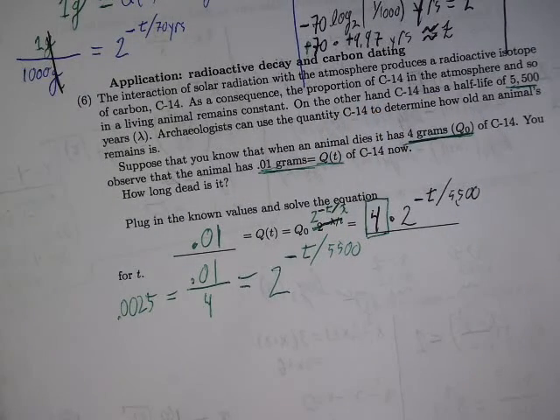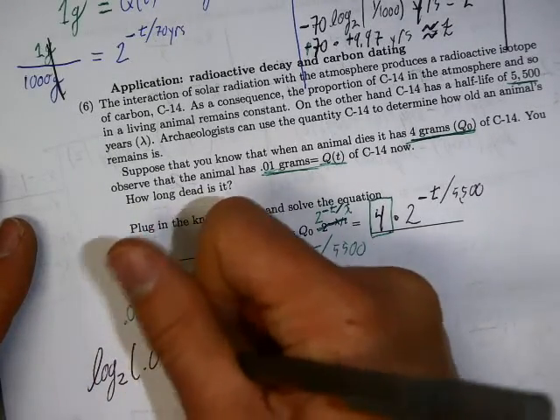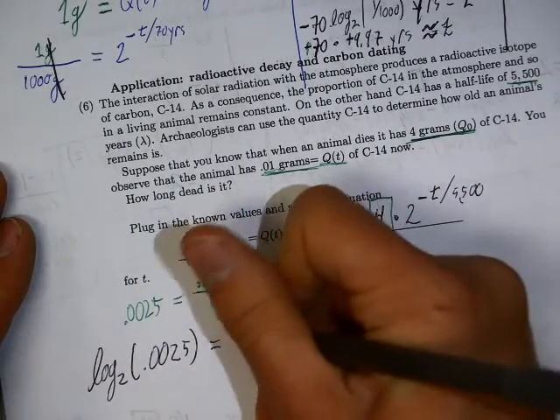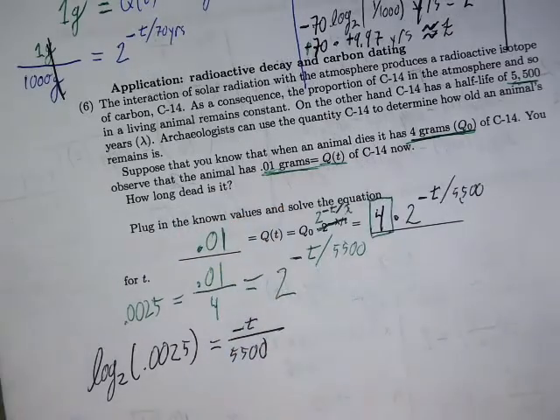Is that now an equation that is in exponential form? And the complicated stuff is in the exponent, so it's good to rewrite it in log form. You'll wind up with log base 2 of 0.0025 is equal to negative t divided by 5500.